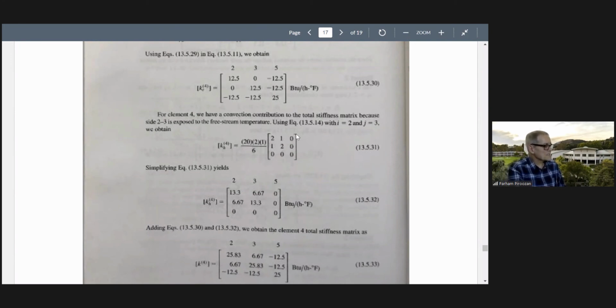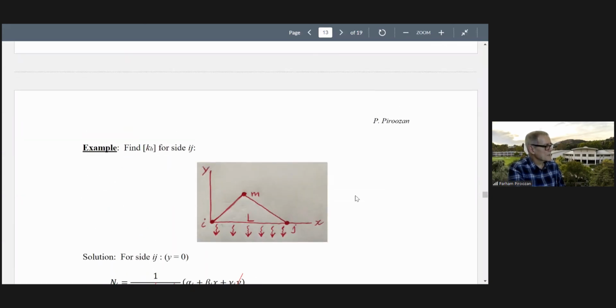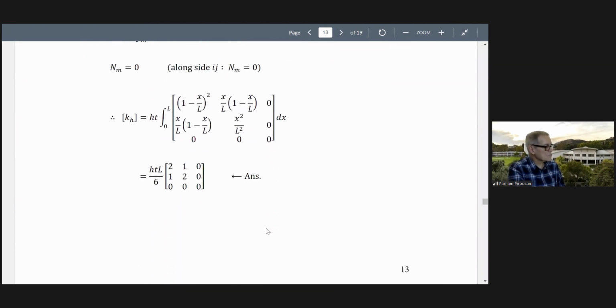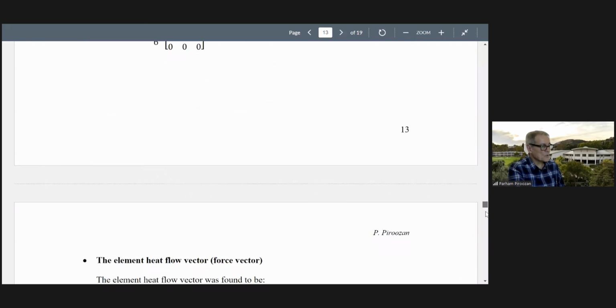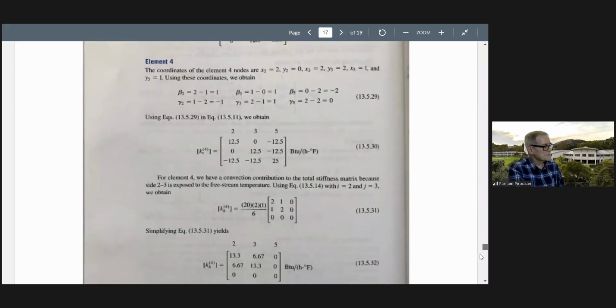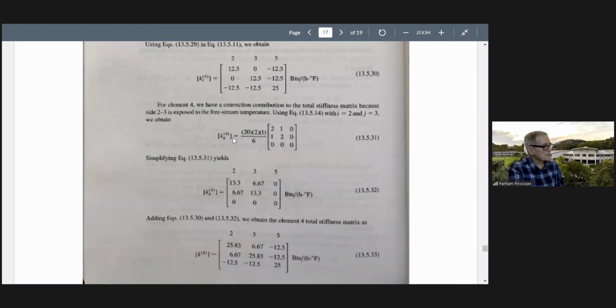And if convection is taking place from side IJ, remember we solved this problem here. When there is convection taking place from this side, we found this. We need to apply it, h t L over 6. This one for that element 4. So apply it to element 4. This is this one.